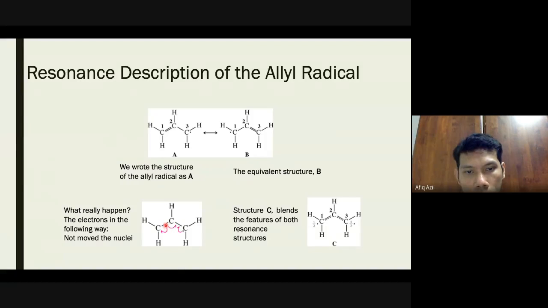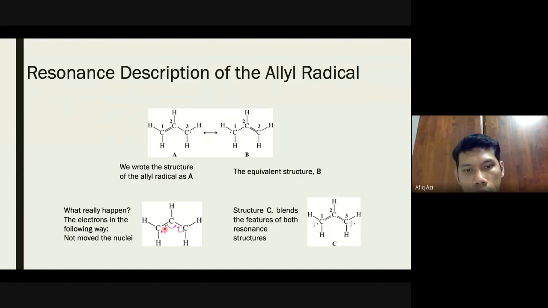So now carbon number 1 and carbon 2 share the electron, but now carbon number 2 wants to share that electron with carbon number 3. So it takes this electron and moves it here. And the electron of this radical will also be shared with carbon number 2 so that it forms a new pi bond.